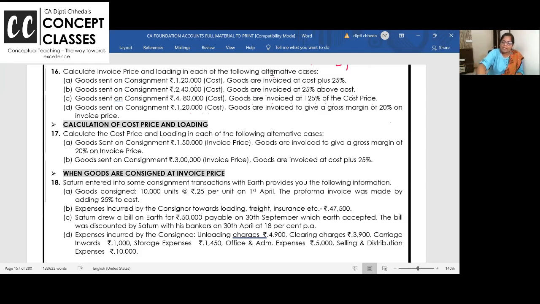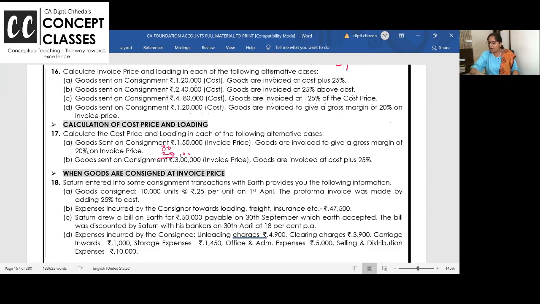आप अगर घर में करते हो नहीं आ रहा है तो पिक्चर निकालो आपके नोटबुक का और वॉइस नोट के साथ भेजो. Goods are sent 150 invoice price and they are invoiced at a margin of 20% on invoice. 80 and 20 and 100. 20% on 100 or cost, or this time invoice price is given to you.